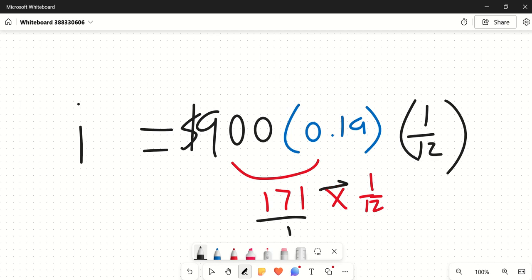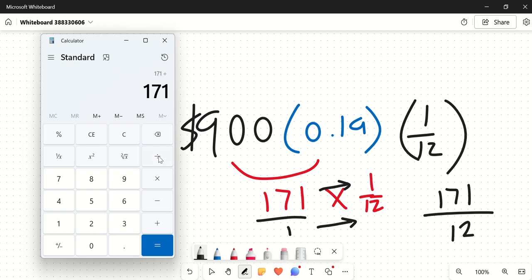When I multiply straight across, look what's going to happen. 171 times 1 is 171. 1 times 12 is 12. Ladies and gentlemen, basically all I'm doing is dividing this by 12. So, when I do the 171, I just divide by 12. Because it's taking him 1 month instead of the 12 months, right? So he's only going to pay $14.25 interest if he pays it off in 1 month.